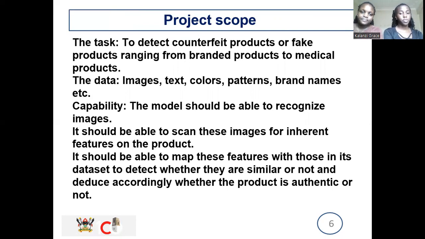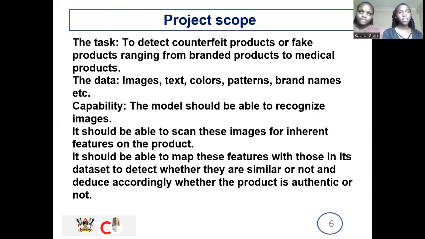The model should be able to recognize images, because this system is going to work like this: you, the user, have the phone, probably a mobile app, you scan your product, and then you send that image to the server. That image is scanned because you want to see if it's authentic or not.